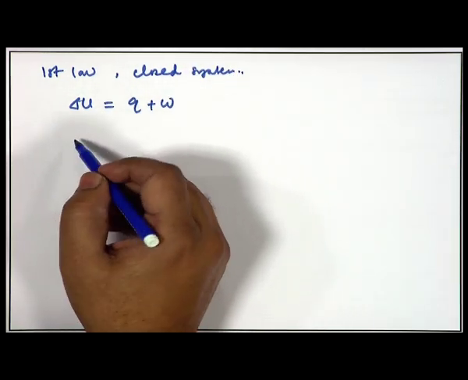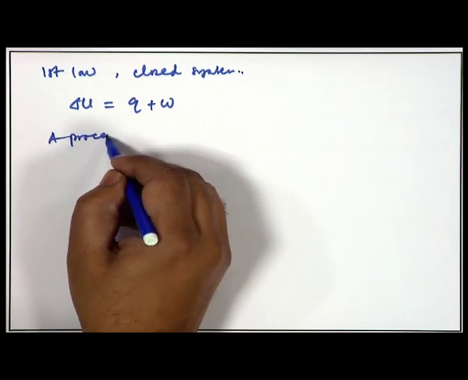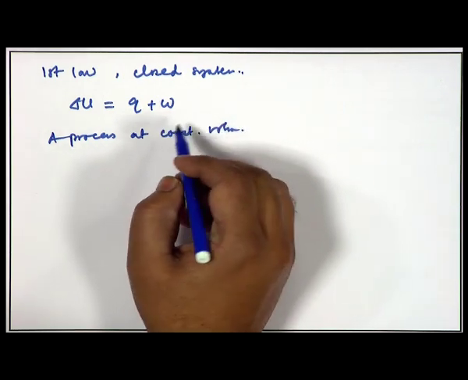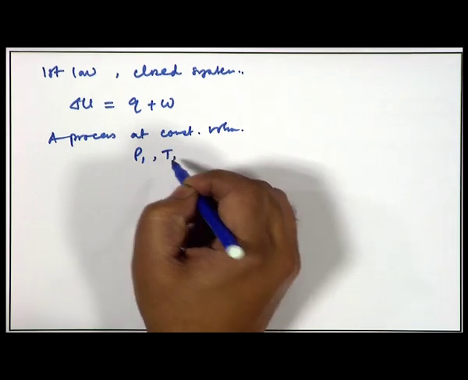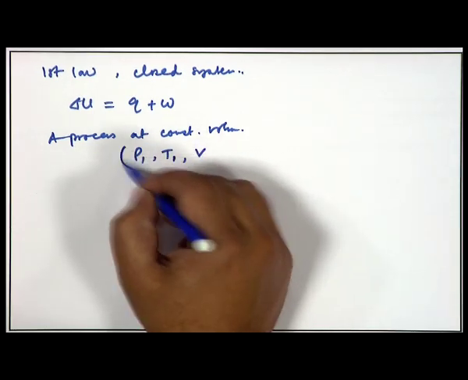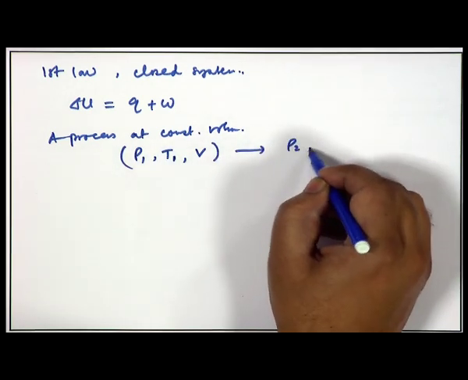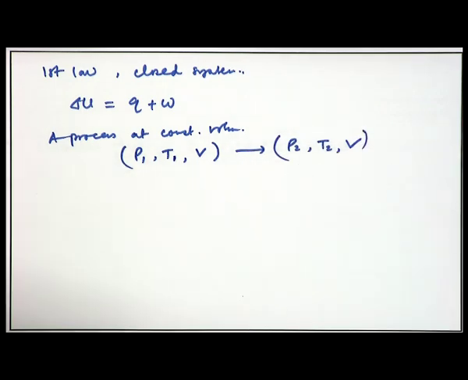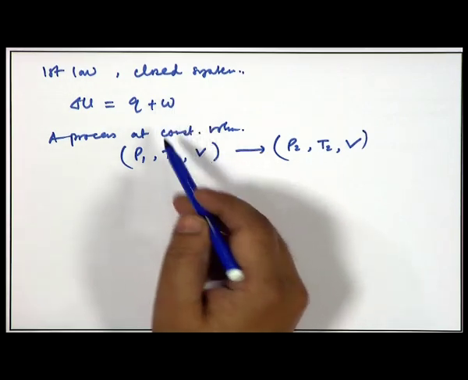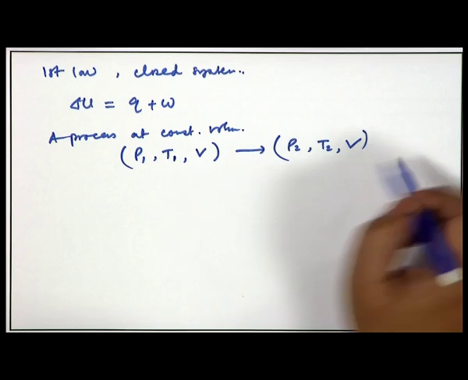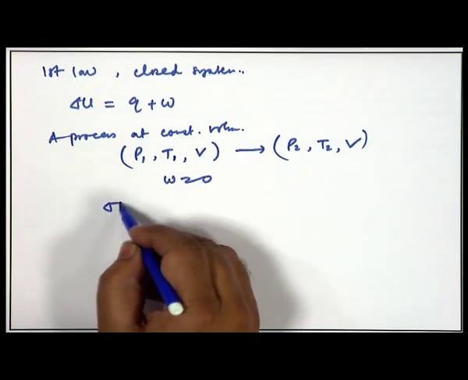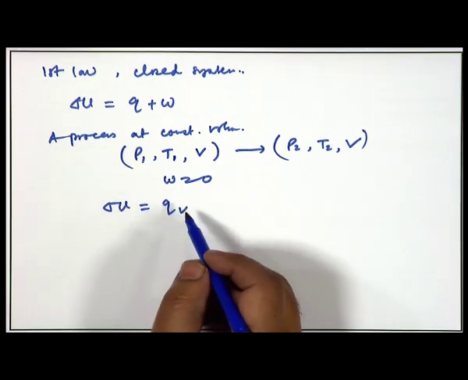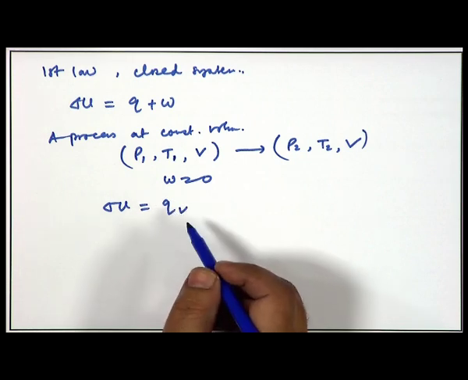Now if you take a process happening at constant volume, say P 1, T 1, V to P 2, T 2 and V, then W would be 0, and del U would be the heat change happening at constant volume.